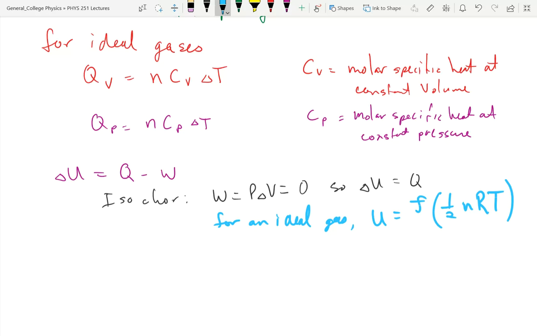That comes from the equipartition theorem. And for monatomic, F is equal to 3. And so for monatomic ideal gas, U is equal to 3/2 nRT. And you can use capital N, lowercase k, or lowercase n, capital R. Those are equal to each other, so you can write it either way.